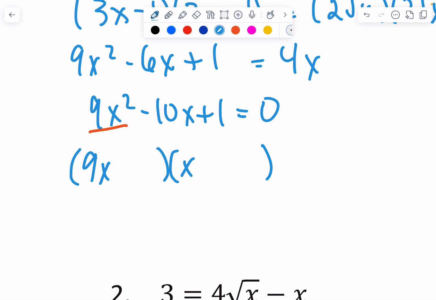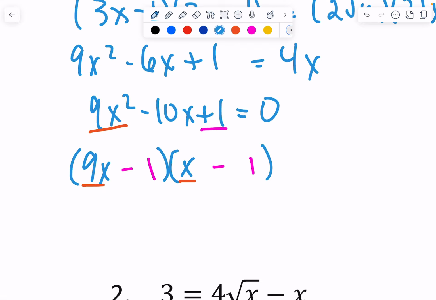I'm going to stick with 9x and x because that number is pretty big, so I feel like I'm going to need a bigger number. Then I need two numbers that multiply to 1. Well, it's just 1 and 1. And because this middle term is negative, I'm going to guess that both of these are negative, because negative 1 times negative 1 does give me positive 1. So I just made my guess.